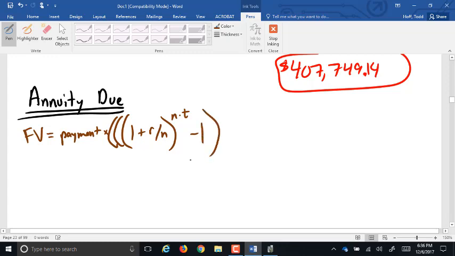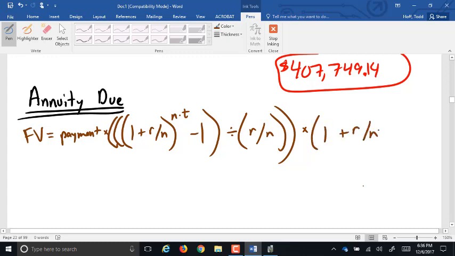Notice this is still the exact same formula, divided by, and it continues to be the exact same formula. It's the whole formula, in fact, times an extra little factor. The extra little factor is just one period's worth of compound interest. No power or anything on that.